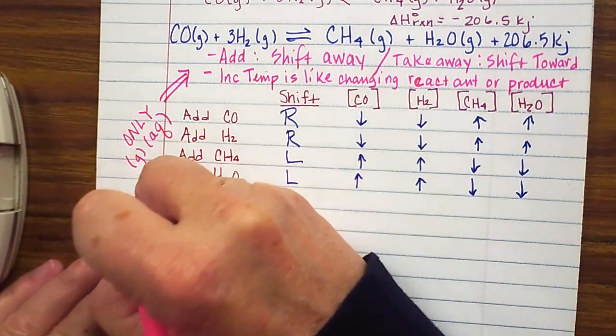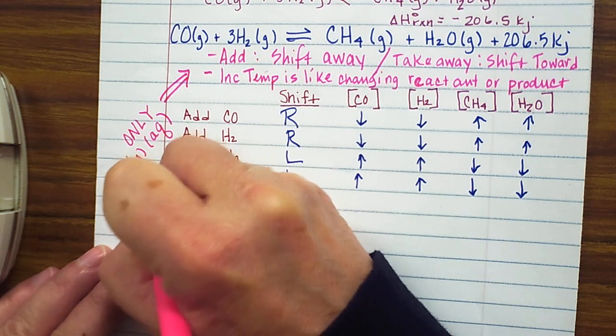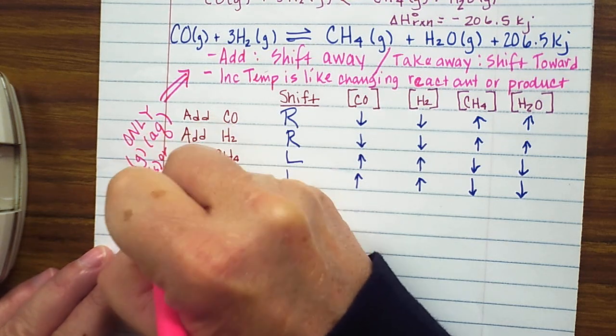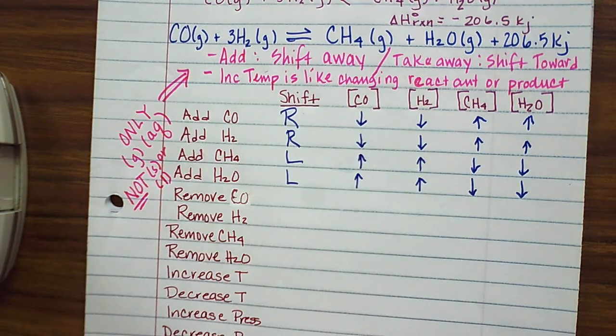Solids and liquids do not work because you cannot change the concentration of a solid. A solid has a density, and you can't change that. And a liquid has a density, and you can't change that.